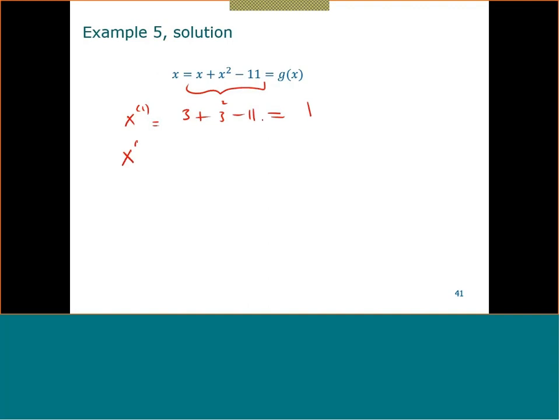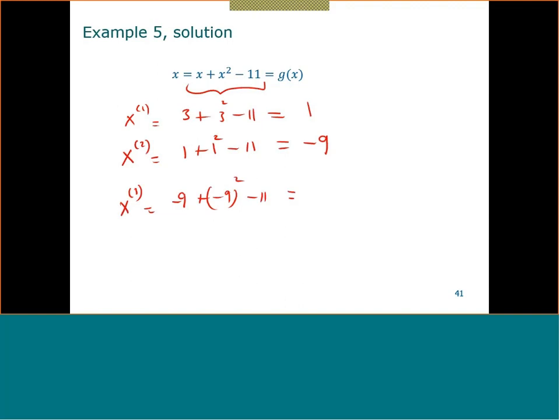Doesn't sound promising. Let's say x3, which is equal to minus 9 plus (minus 9) squared minus 11, and this is equal to 61. So you see here, it's very obvious that we are not converging.